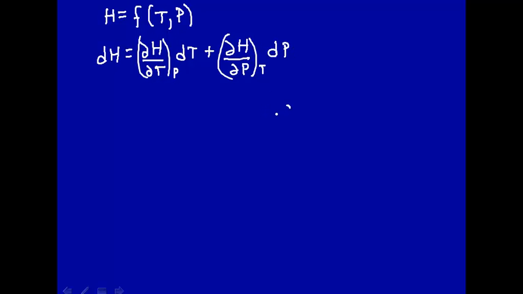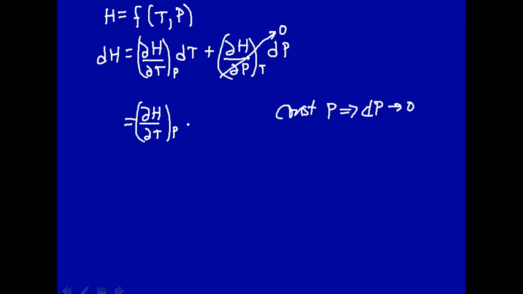Now we're going to make the assumption of a constant pressure process. Constant pressure implies that dP goes to 0, so this term will go to 0. So this is equal to just how H changes with temperature at constant pressure times dT.